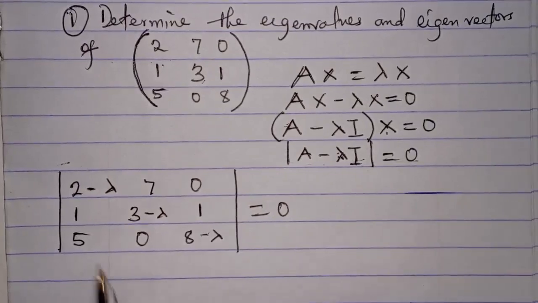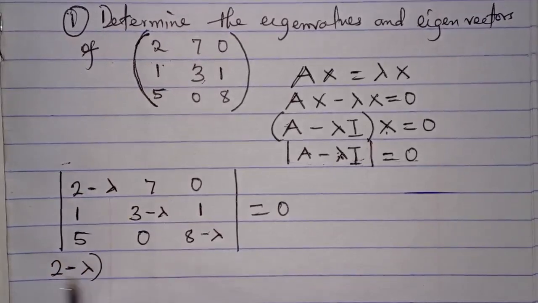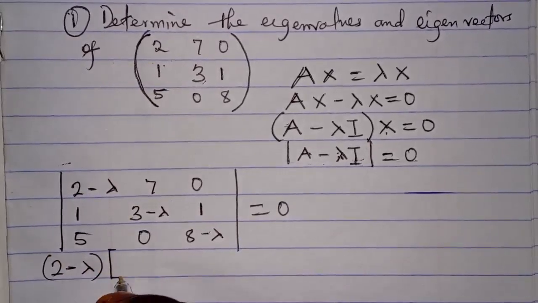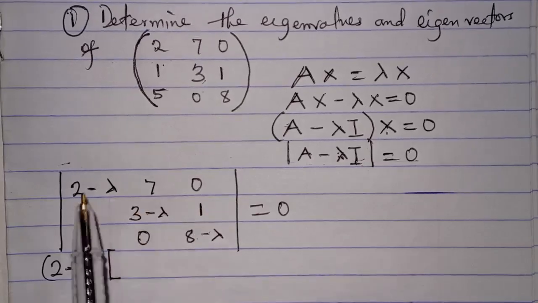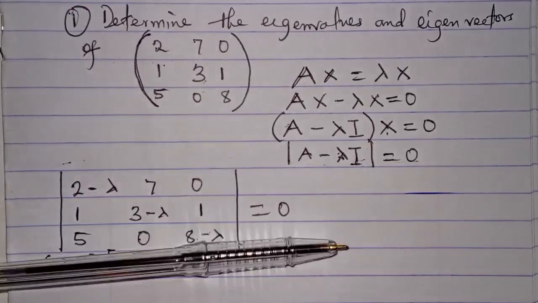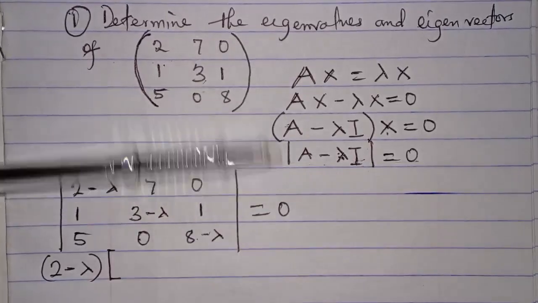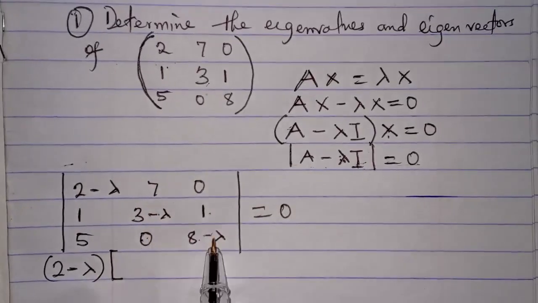Okay, as it is, we have 2 minus lambda, and 2 minus lambda is positive. Eliminate the row of 2 minus lambda, eliminate the column of 2 minus lambda. We'll have the elements, this, and this. Close up this column, and close up this row. What's left is what we're going to put down. This, and this.